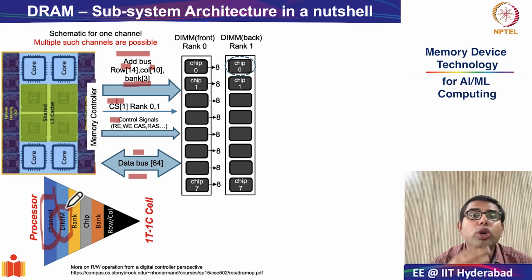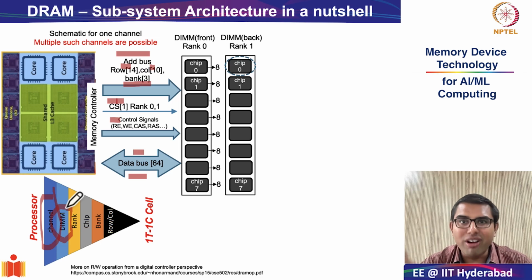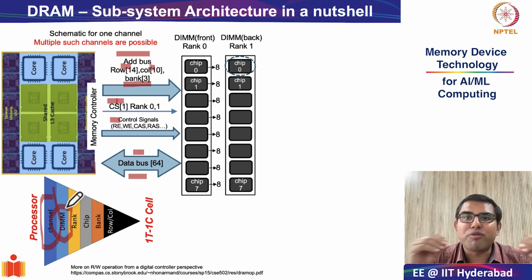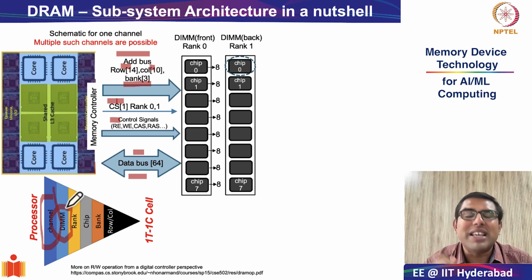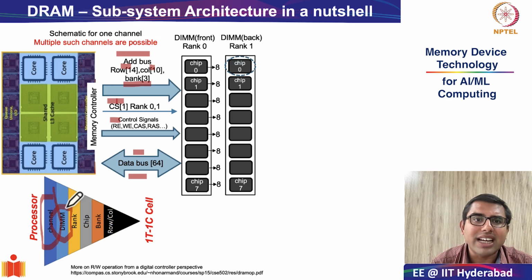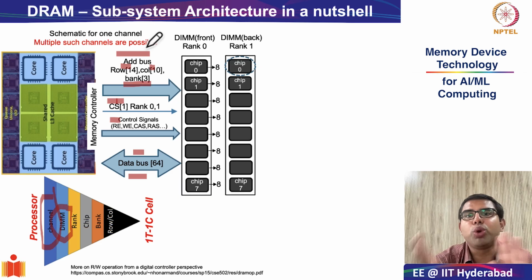So remember, the dual inline memory module is that green color printed circuit board which we buy from Amazon or from some vendor, and we place it in the motherboard of our personal computer. As we had seen, it is called dual inline memory module because it has 2 sides, physically.